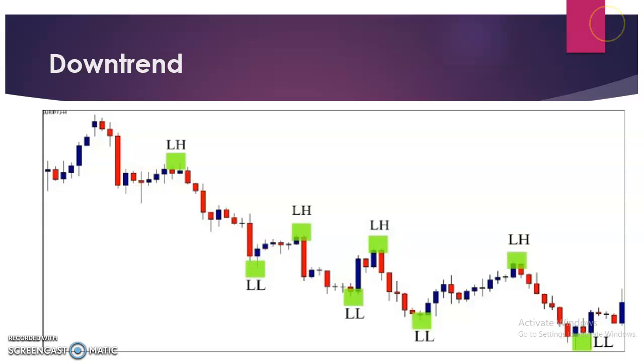Why? Because the price kept breaking support impulsively. It just kept breaking support points in the market. So when you look at that, you say that the market is in a downtrend. Even just merely looking at the chart, you can see that generally the market is moving to the downside.